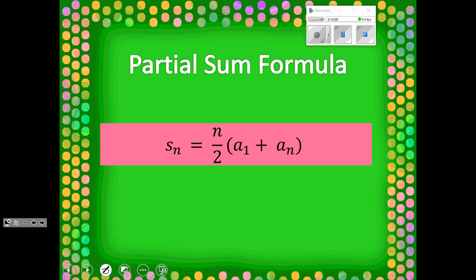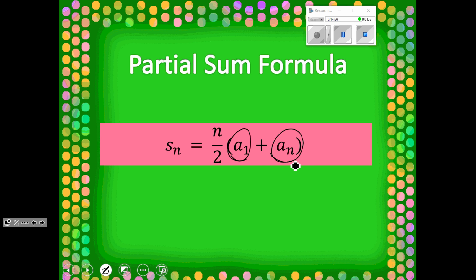So here's your formula. Again, this is on your formula sheet, and I will give you that formula sheet tomorrow. It says S sub n equals n divided by 2 times the quantity of a sub 1 plus a sub n. Do you understand what each of these things are? What is a sub 1? A sub 1 is your first term.